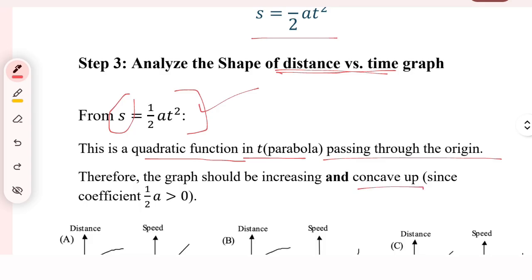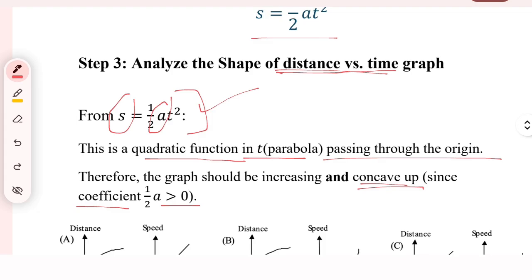Why? As we have learned before, and maybe you should review some of our videos, it is concave up because the coefficient a is greater than 0.